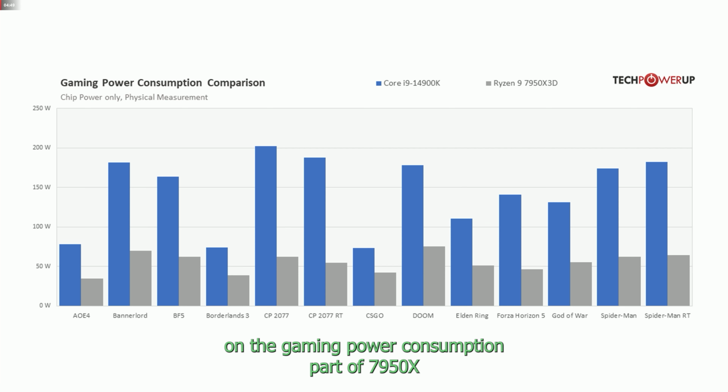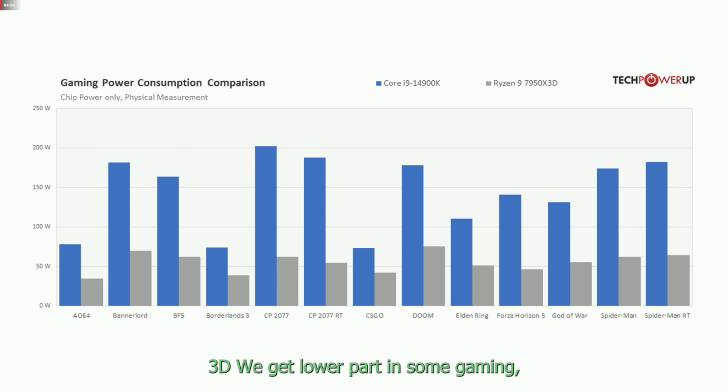On the gaming power consumption part of the 7950X3D, we get lower consumption in some games, much better in some games, and in other games we have a small difference.